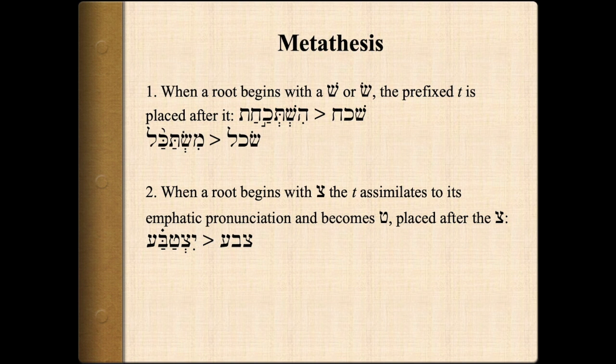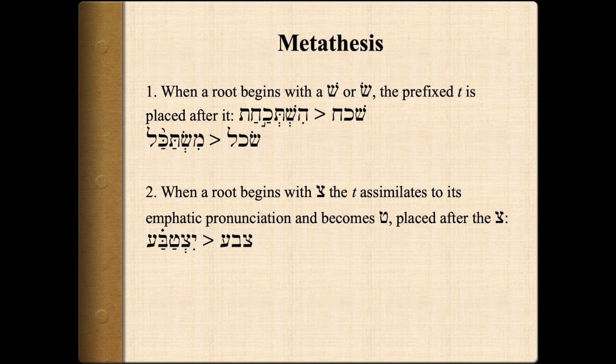In a number of cases, we have what is called metathesis of the first consonant of the root and the prefixed tav. This happens with sibilants and dentals. So here we have roots beginning with either shin or sin.